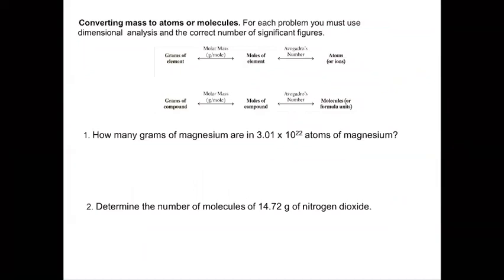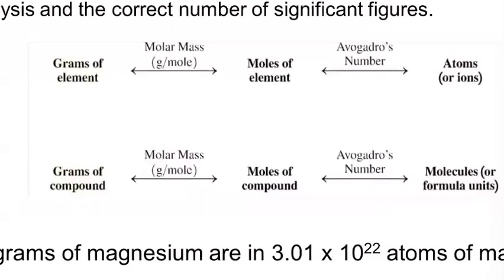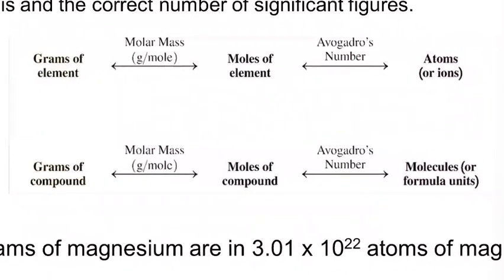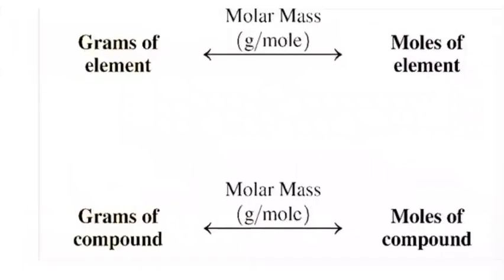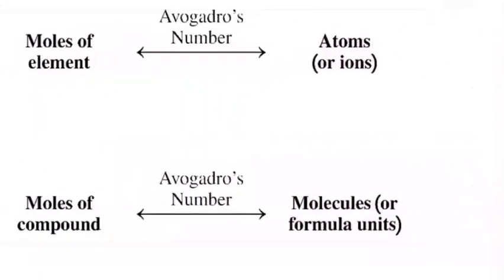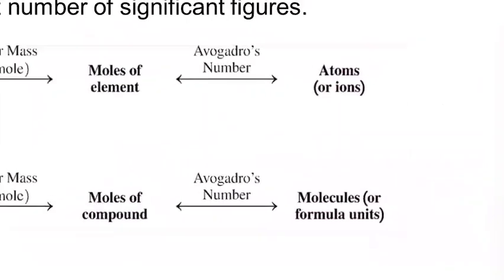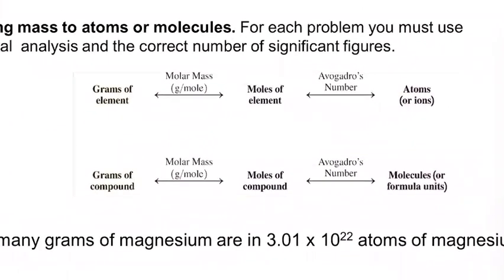If you're given molecules, you can find specifically the grams of that compound. So here we have 2 problems. So far we have done basically just grams to moles. We have done moles to atoms, and now we're doing the whole thing.